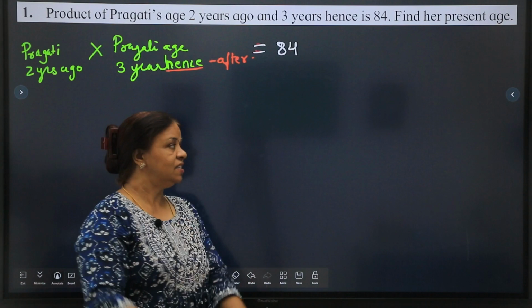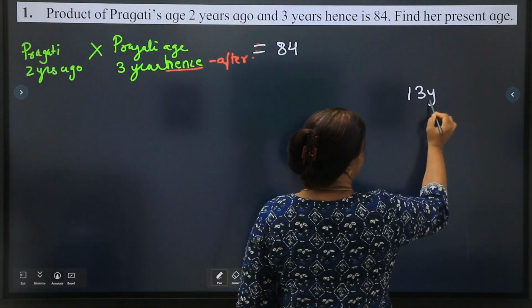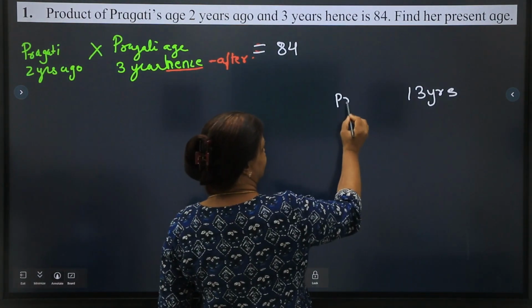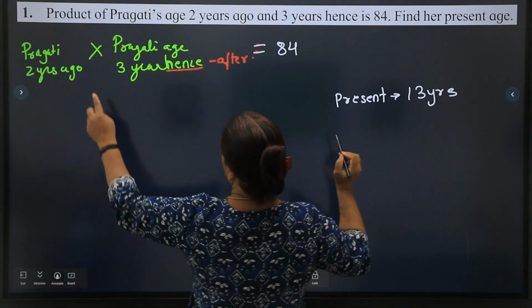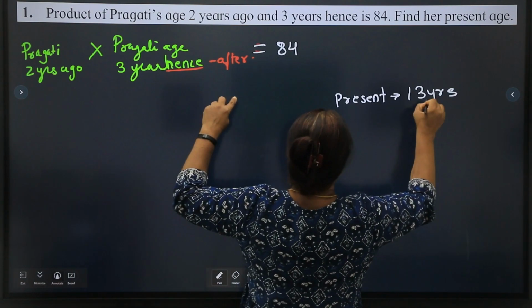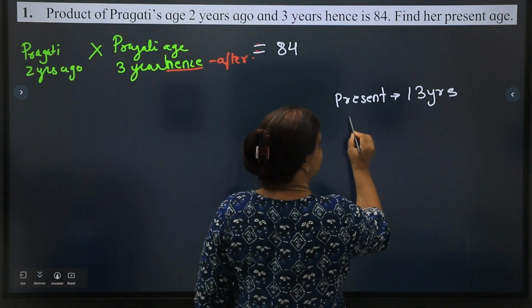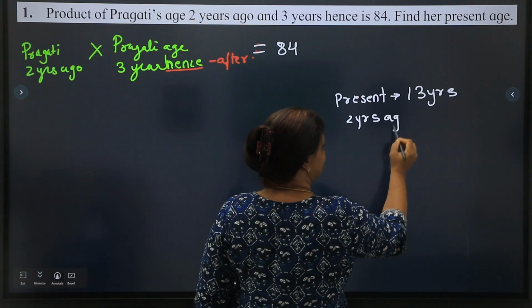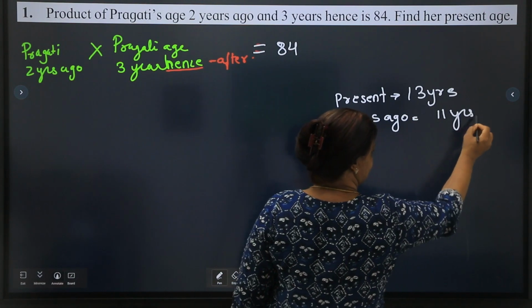Suppose a child is at present 13 years old. What will be the age of this 13-year-old child 2 years ago? 2 years ago the child's age will be 13 minus 2, that is 11 years.